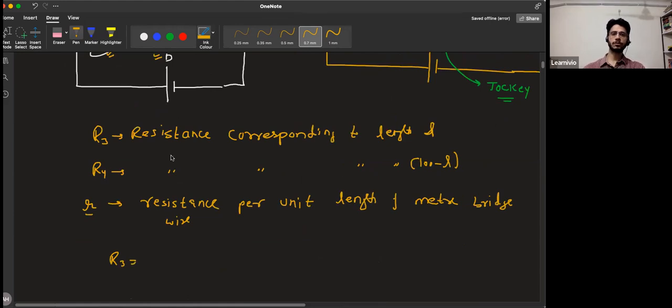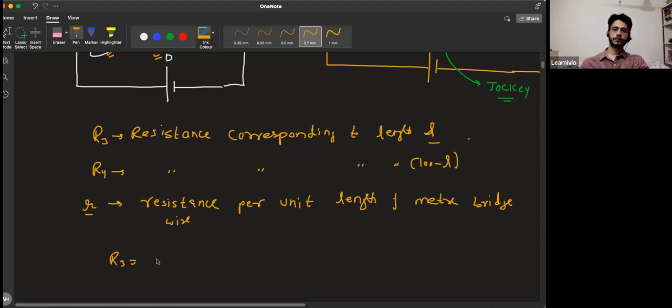What will be R3? Saifullah. Small r is resistance for unit length. So what will be R3 in terms of L and small r? Rashi, what will be R3? R3 is resistance for length L and small r is resistance per unit length. Akshay?